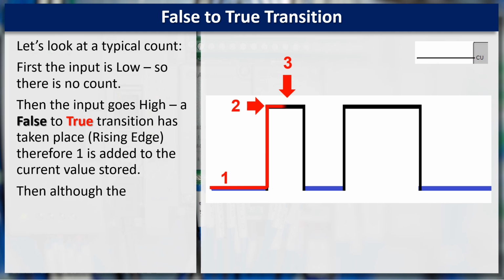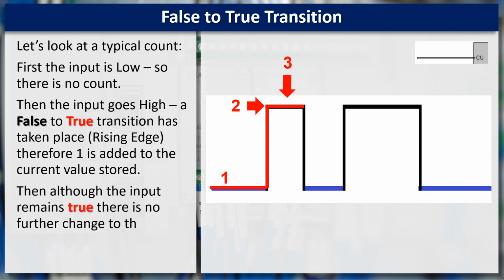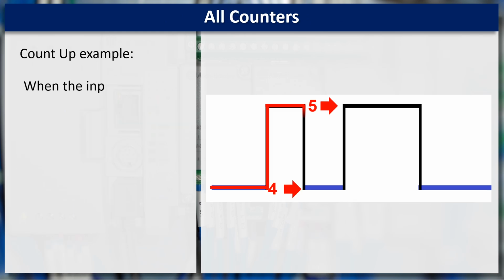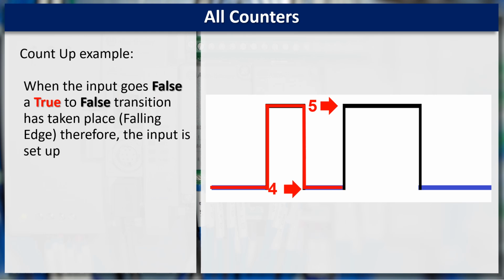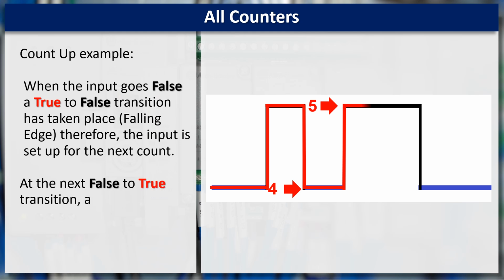Then, although the input remains true, there is no further change to the current value. When the input goes false, a true to false transition has taken place, a falling edge. Therefore, the input is set up for the next count. At the next false to true transition, another 1 is added to the current value.